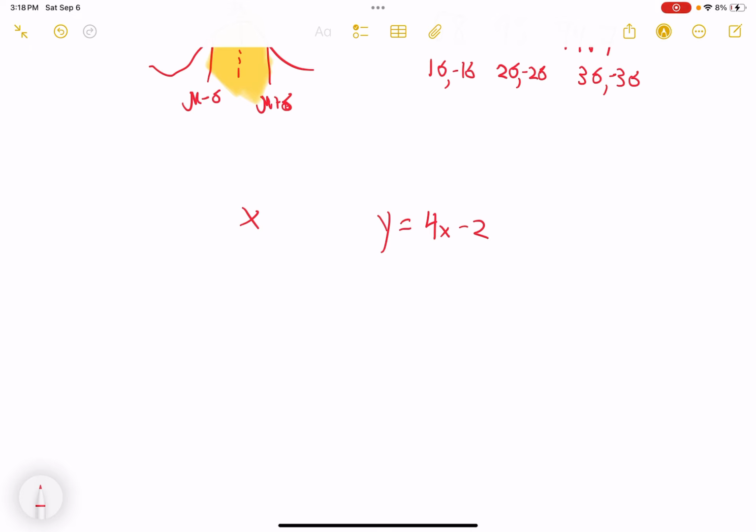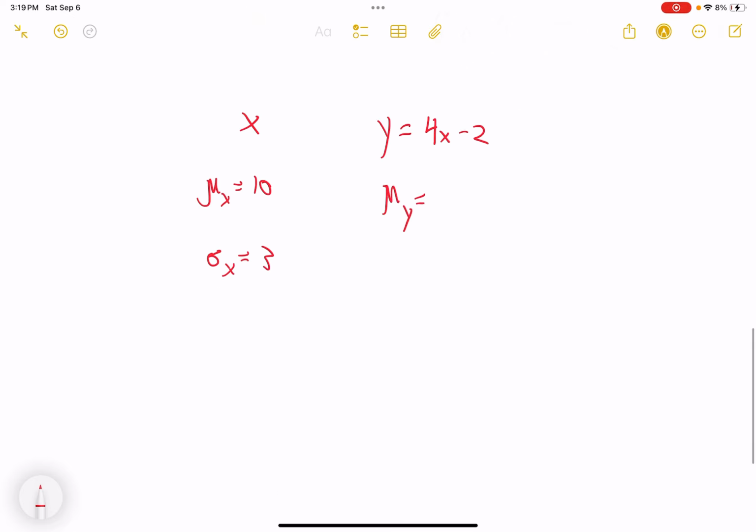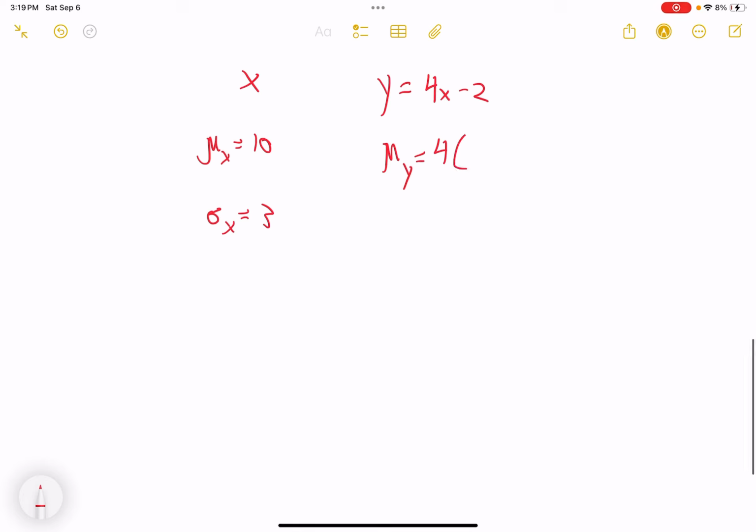Okay, so let's say I have a mean for x of 10 and a standard deviation for x of 3. I would say, okay, what is my new mean and my new standard deviation for y? And you should be able to sensibly be like, oh, okay, well, that would be pretty easy. My mean for y is going to be 4 times my mean for x, which in this case is 10, minus 2.